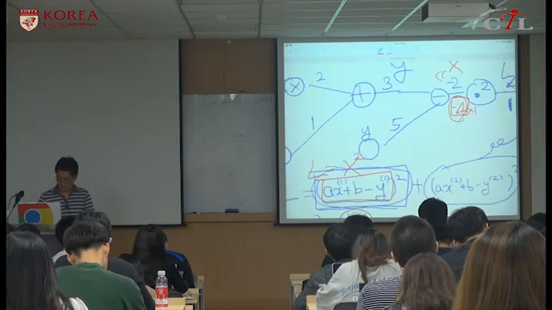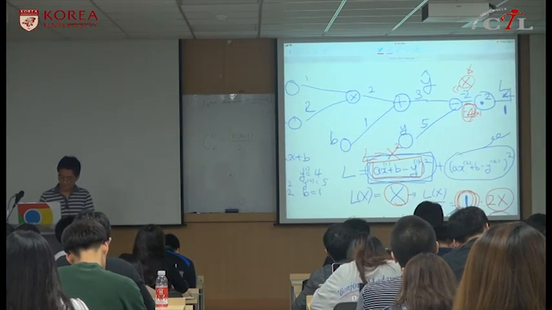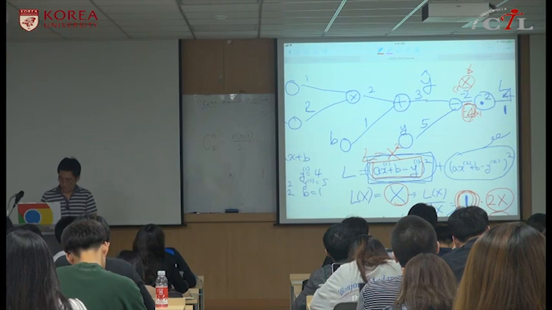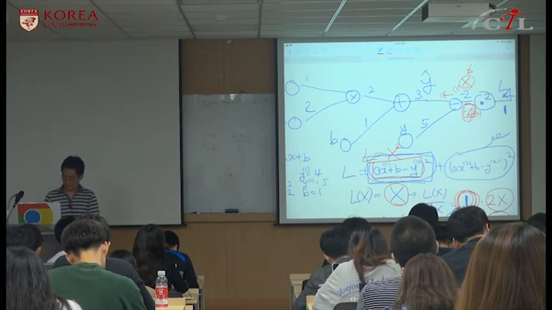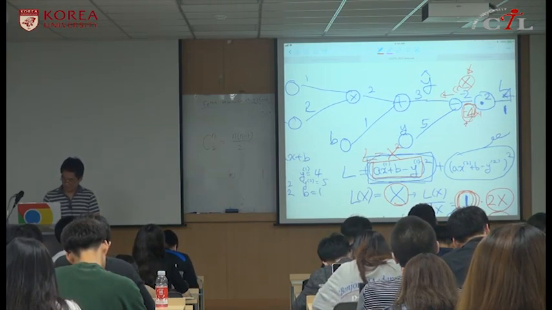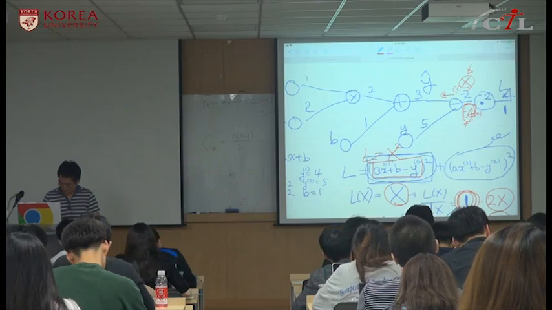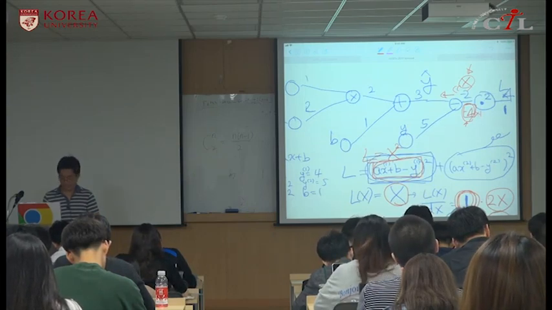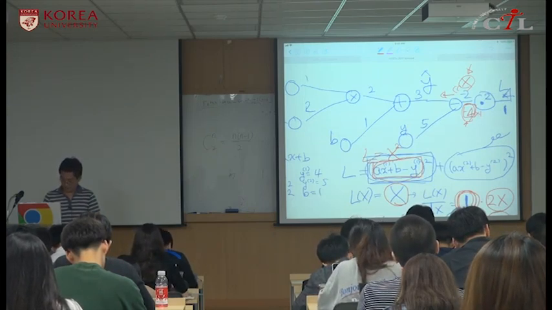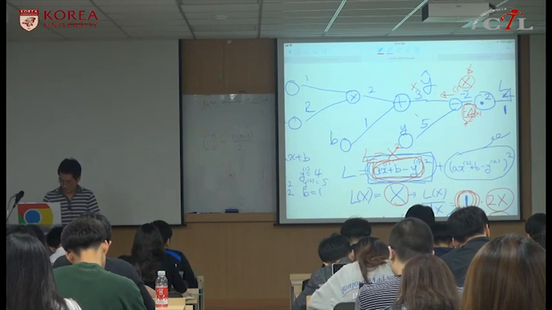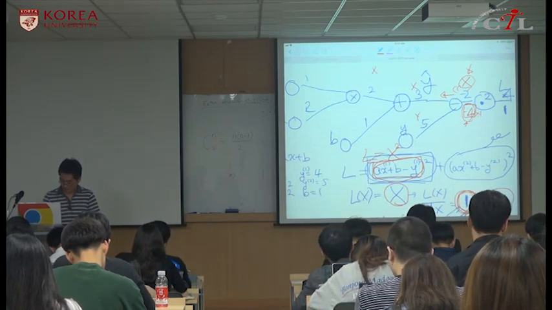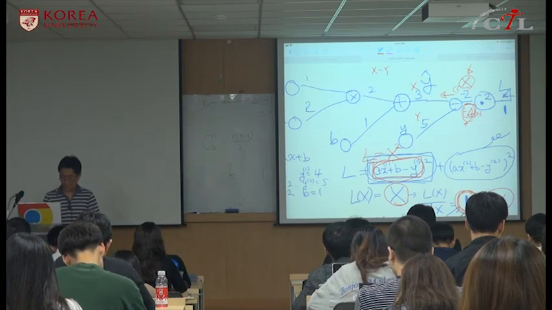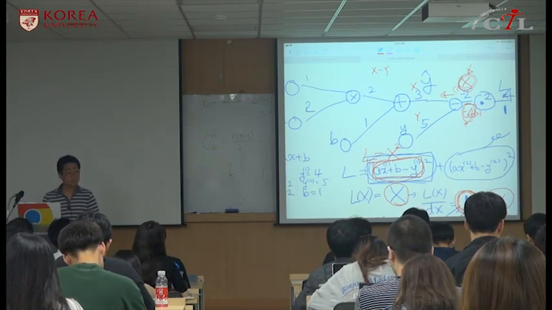And then this value, we have to backpropagate this node, and then this node, we now have this guy and this guy. x minus y is this node, right?